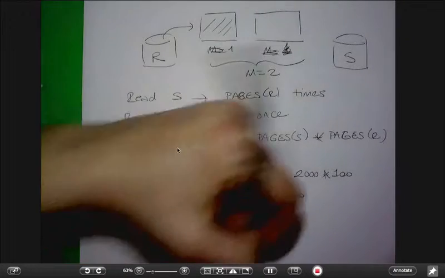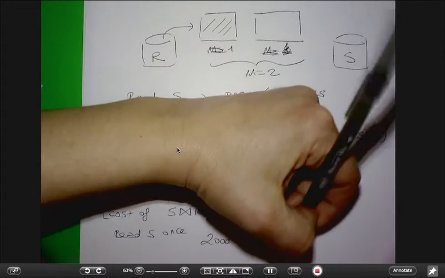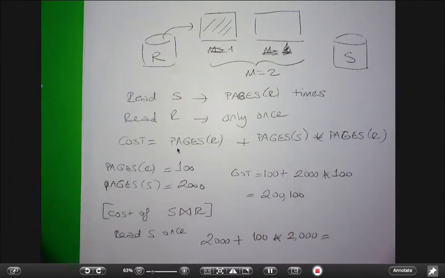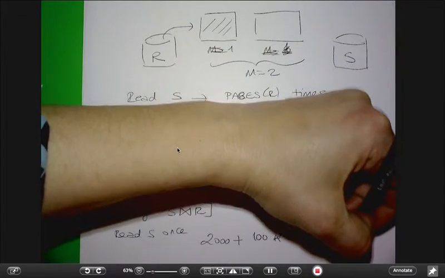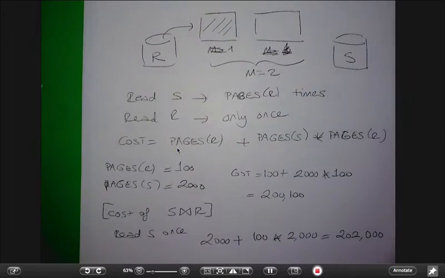So 100 times 2000. So this is actually 202,000. So it does matter which one is inner, which one is outer, right? Actually, it's always best to have a small relation be the outer so that you don't iterate through the inner relation many times.